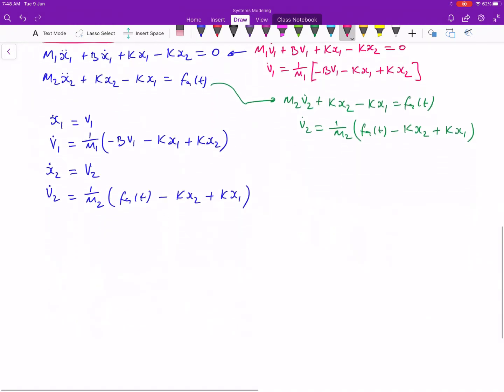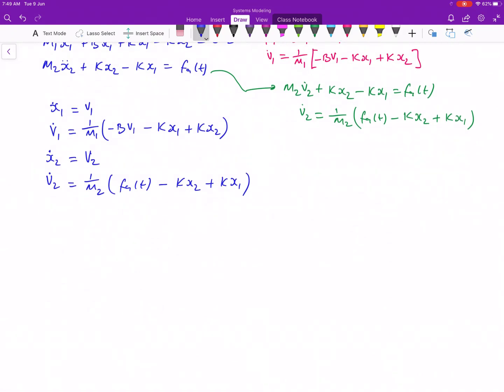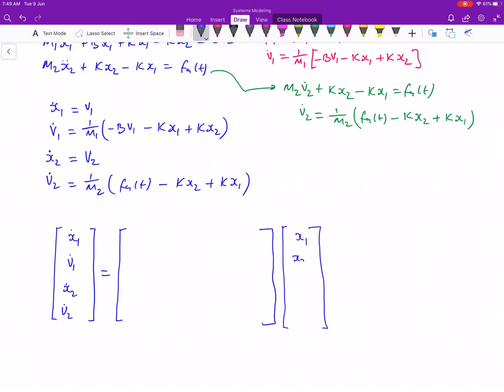All right, so let me just make some room so I can write my big matrix here. We are going to have x1 dot, v1 dot, x2 dot, v2 dot. This is equal to, let me make enough room, x1, v1, x2, and v2 are my state variables, plus some input times our applied force.